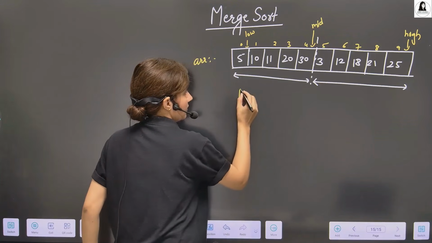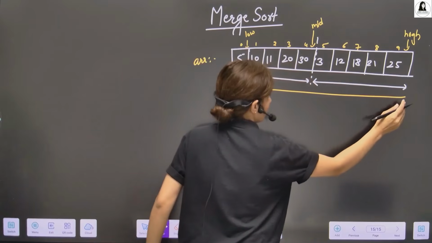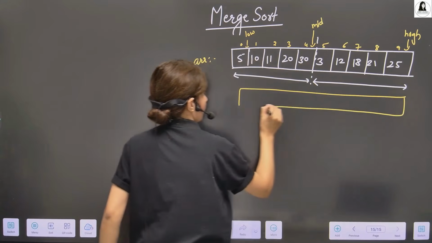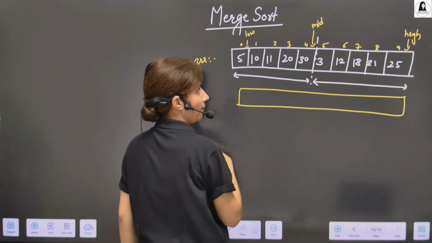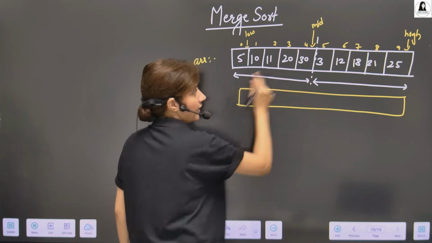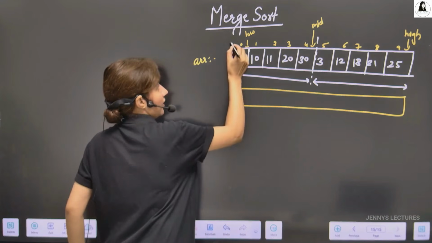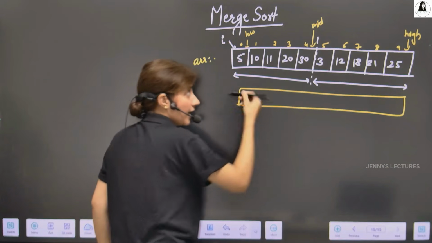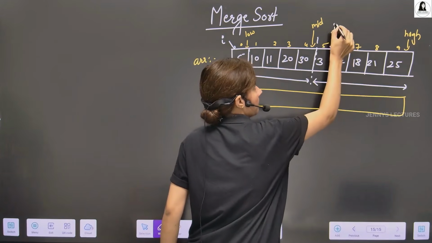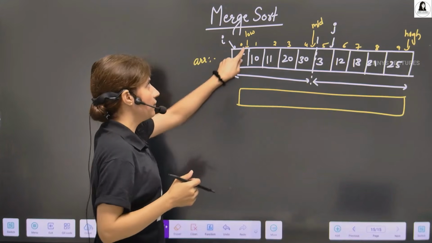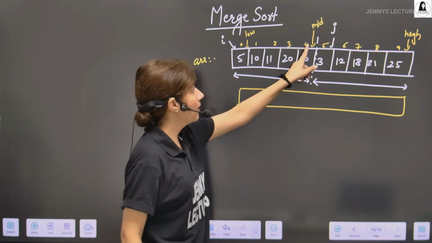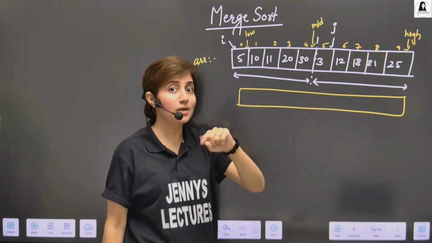So we just take a separate array of the same size. Now we compare the first element of this list and the first element of this list. So i would be here and j would be here. Whatever the low is, i is low, and j is mid plus 1.